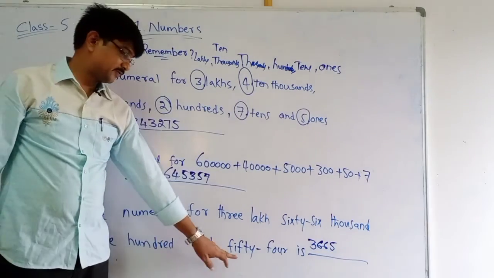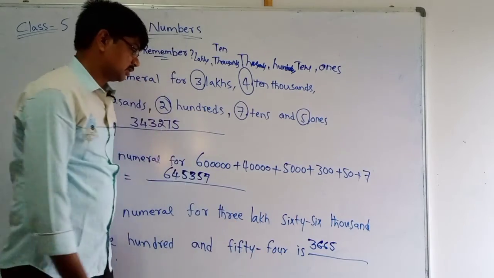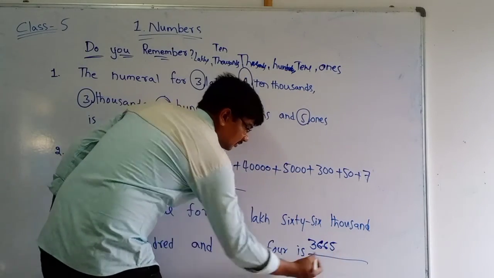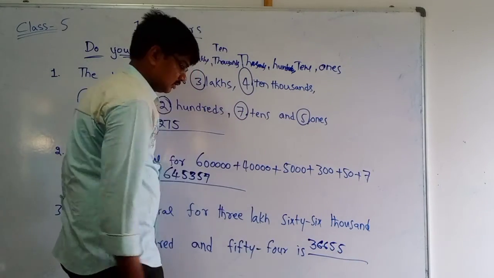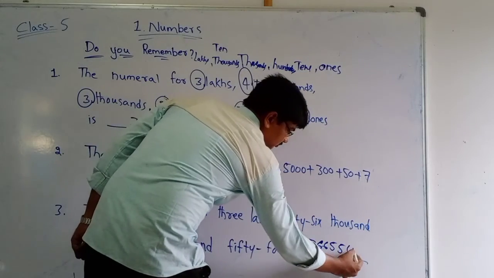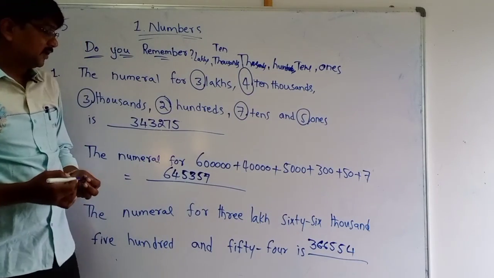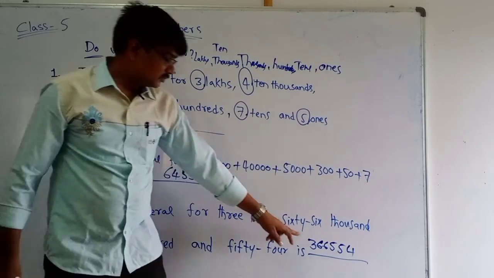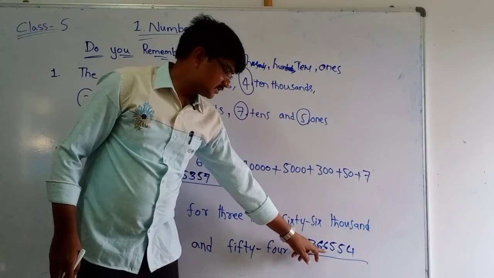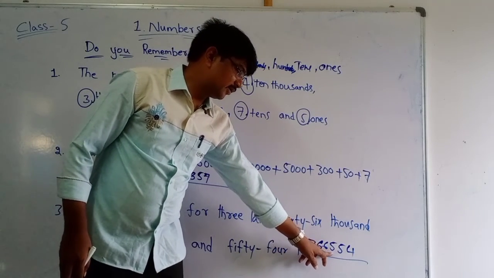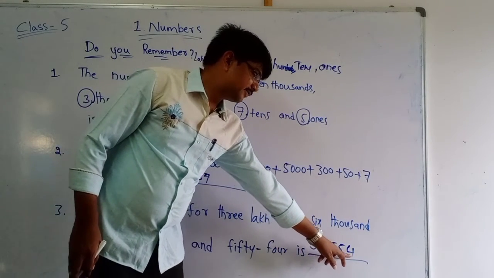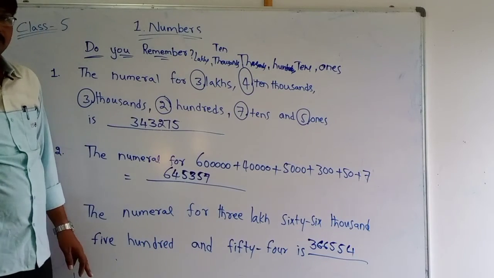And 54 means 5 and 4. Read the number now. 3,66,554. Okay, clear?